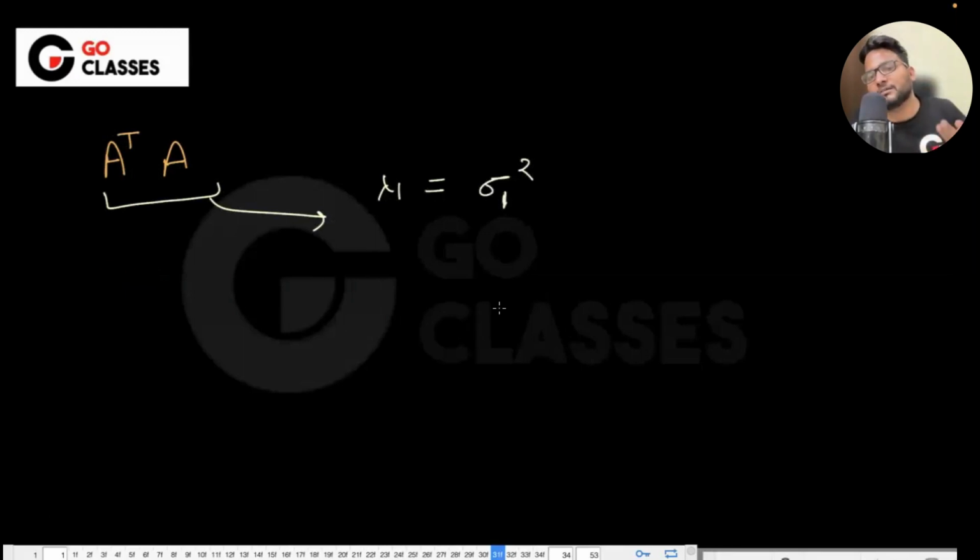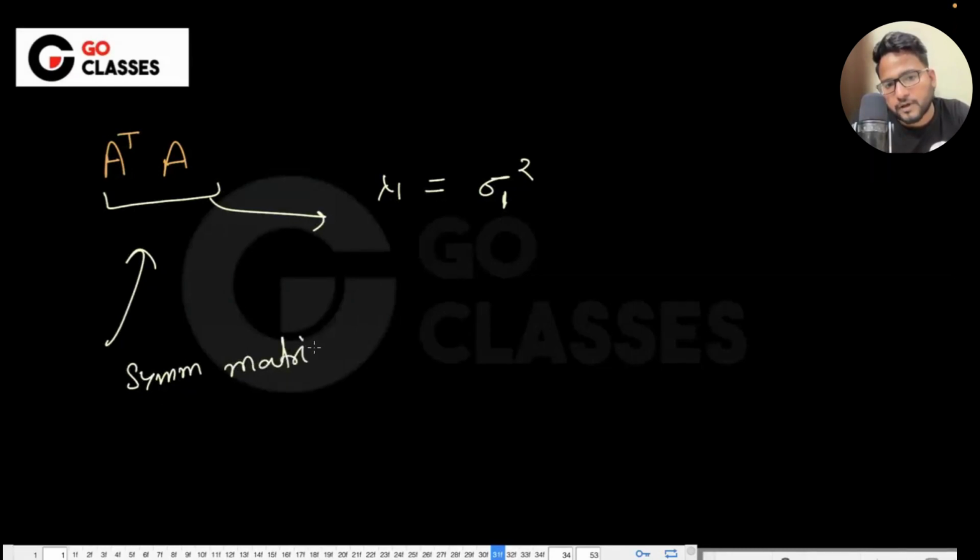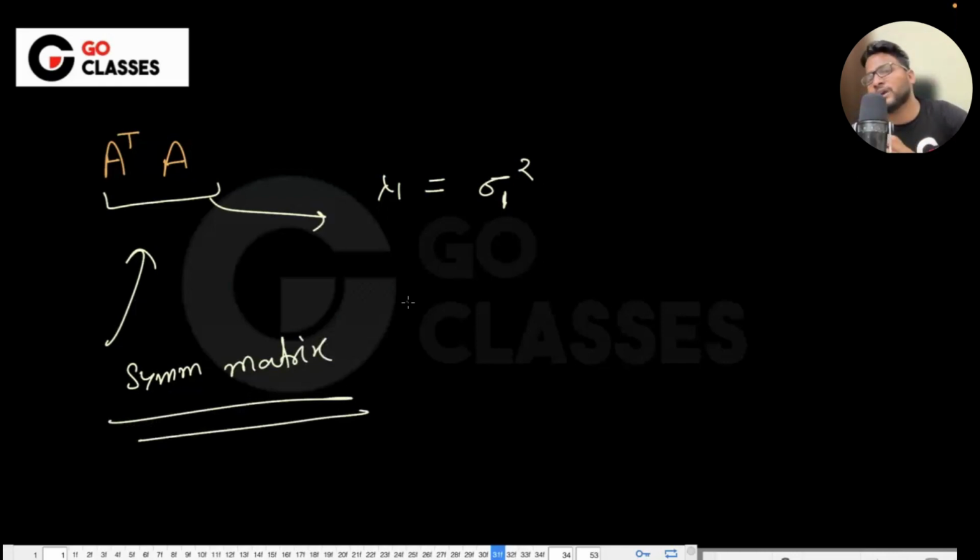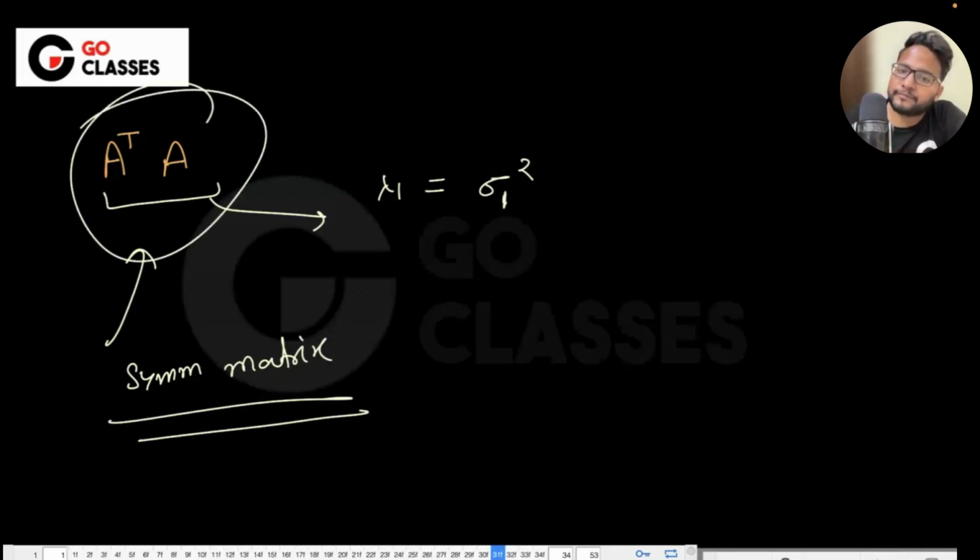Because ultimately we will find out the singular value after the square root, right? So I'm just saying it is sigma 1 square. Since it is a symmetric matrix, and if I'm finding the eigenvalues of this, can I not tell directly what is the rank of this particular matrix A transpose A?